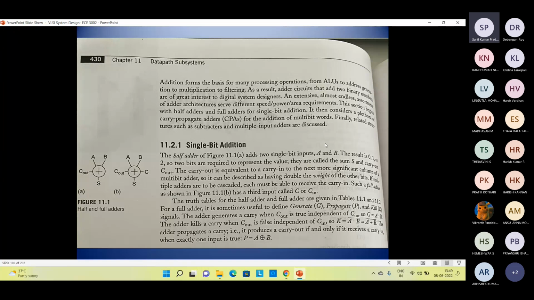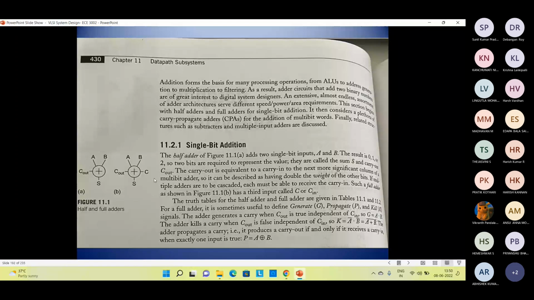So two bits are needed to represent the value, and they are called sum and carry out. Now the carry out is equivalent to the carry in of the next most significant column of a multi-bit adder, so it can be described as having double the weight of the other bits. If multiple adders have to be cascaded, then it must be able to receive the carry in. So the full adder that we are seeing in this figure has a third input that we call C or C in.